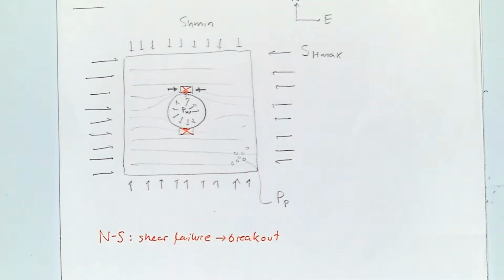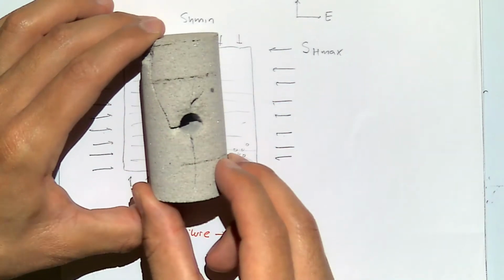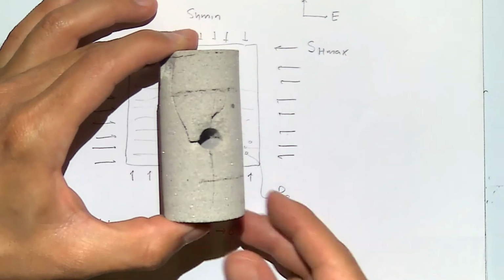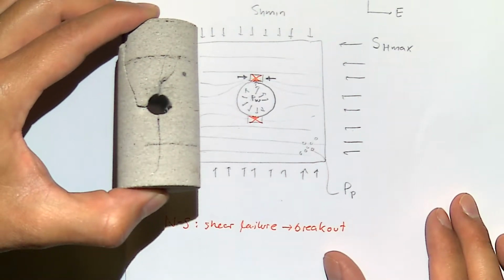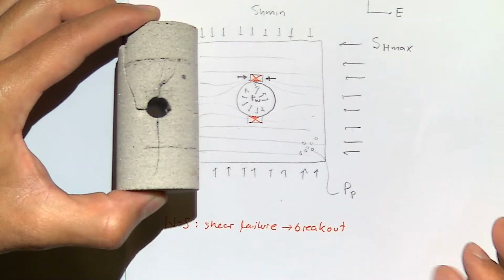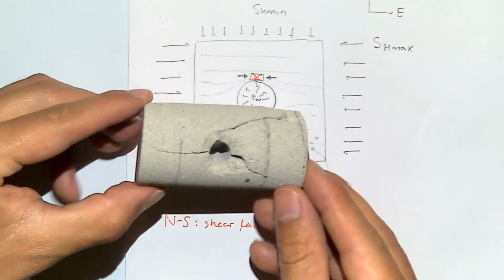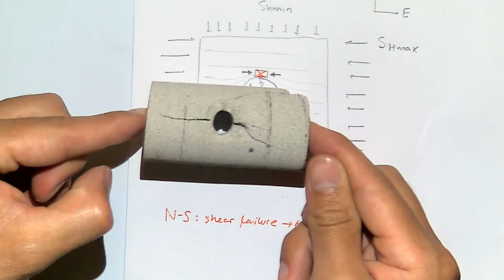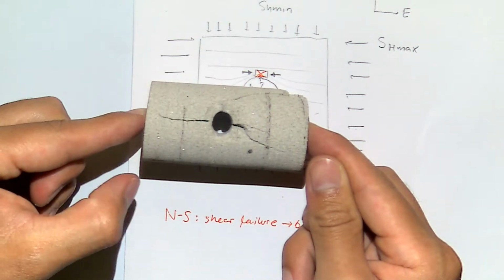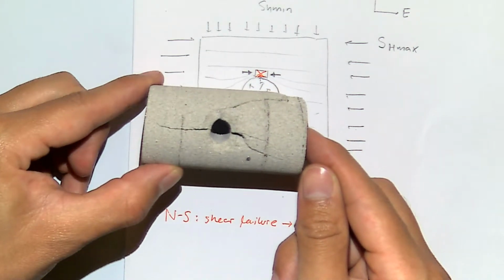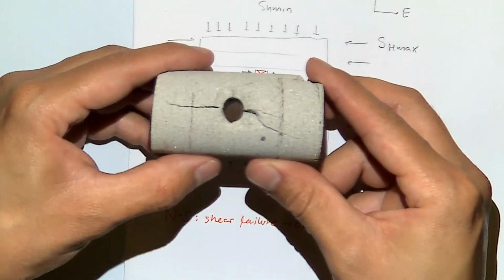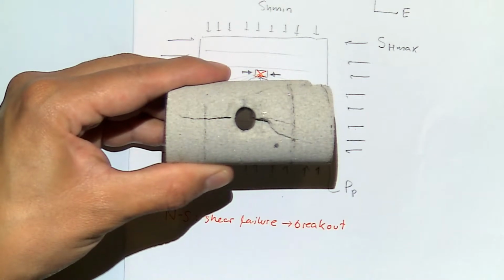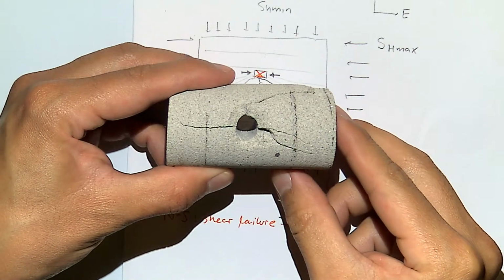And I ran to my office because I wanted to show you this example. This is a cavity similar to the one that you have over there. We apply stress in this direction, and according to what I told you, we should see failure here in north and south locations. So let me look for the right angle so you can see that failure.